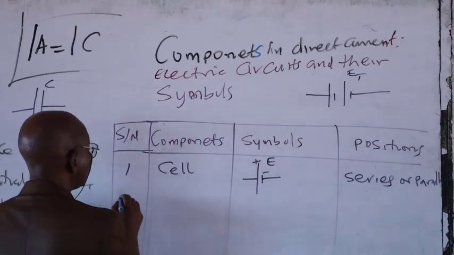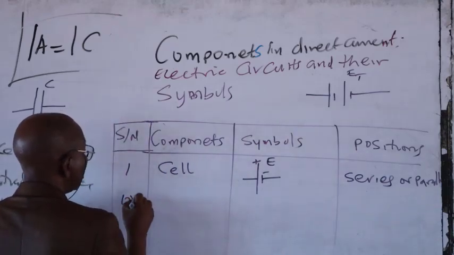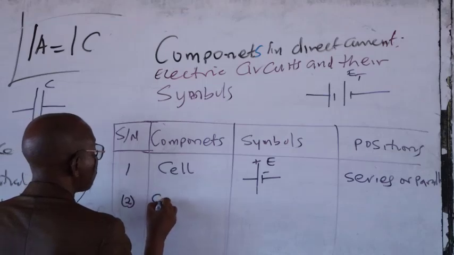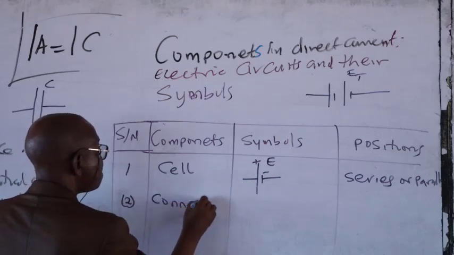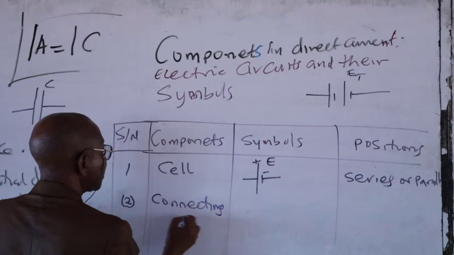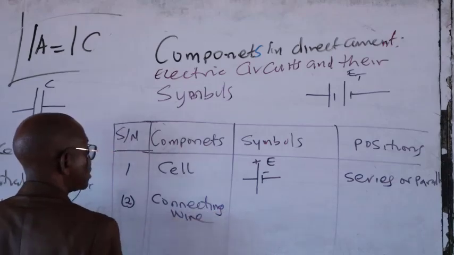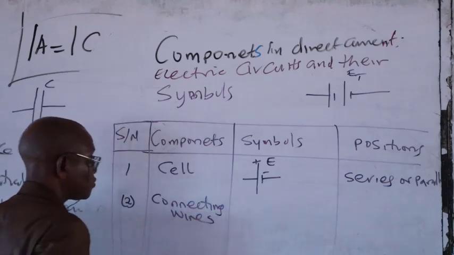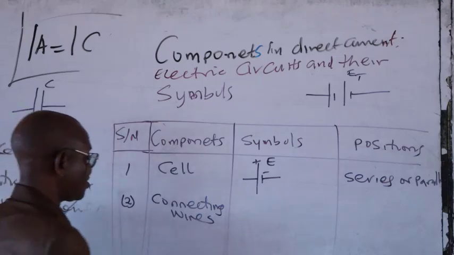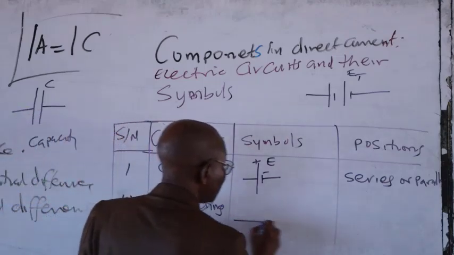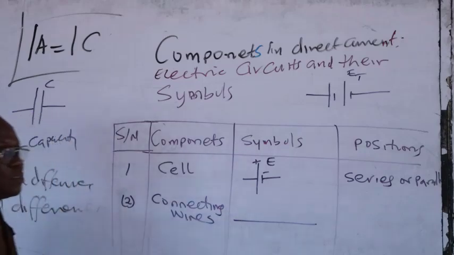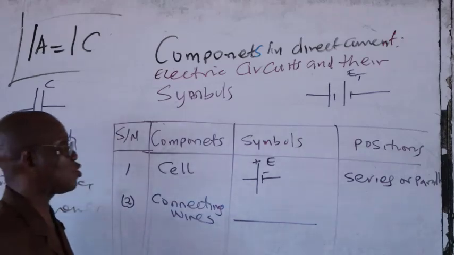Then, number 2. The second one is connecting wire. Connecting wires. It's just a straight line, like this. It's the symbol of a connecting wire.